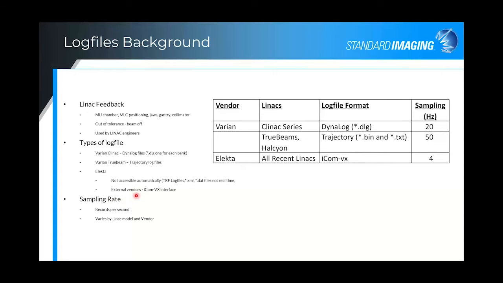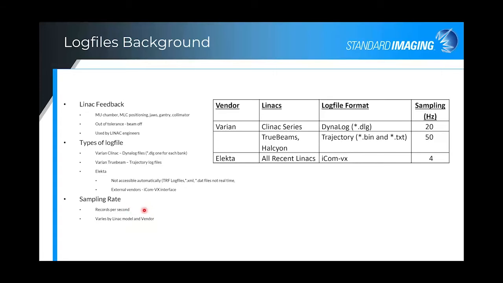So external vendors are required to use the iCOM VX interface for Elekta. And so with the iCOM VX interface, the data is streamed out, and we collect and save that data as the log file for Elekta Linacs. I wanted to just go briefly into the sampling rate because that varies as well.